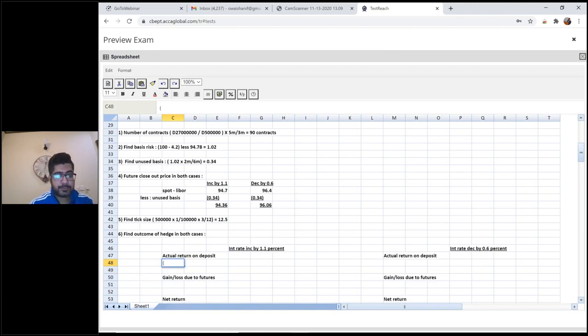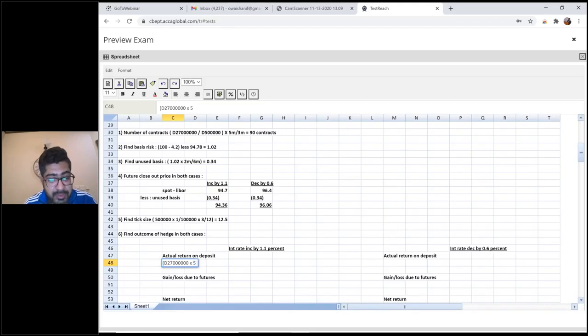So what is the amount? Dirham 27 million into interest rate. You're finding return on deposit. So amount is dirham 27 million into interest rate. It's 4.2, but you are dealing with the case increased by 1.1, became 5.3. But you can't get return at 5.3 on a deposit. You're depositing money. You won't get 5.3 even though interest rates have increased by 1.1. You will get 30 basis points, 0.3 less.